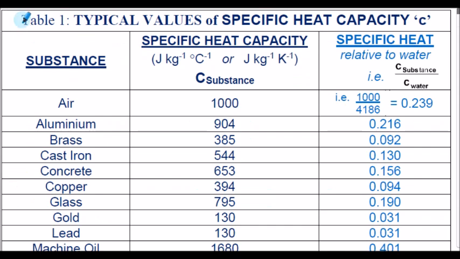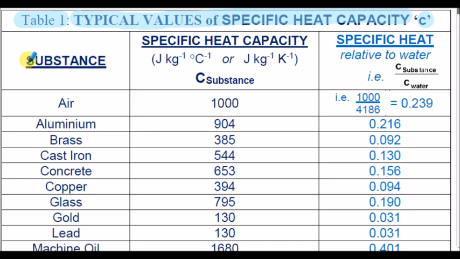So here's table 1 from our notes showing typical values of specific heat capacity, c. These are purely typical values. If you undertake your own research or use your own reference sources, you'll probably find slightly different values for particular materials shown here, and that's often because of the chemical composition and the various alloying elements that are used within the materials. So assume these are typical values.